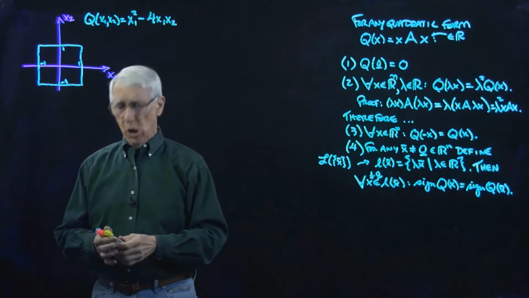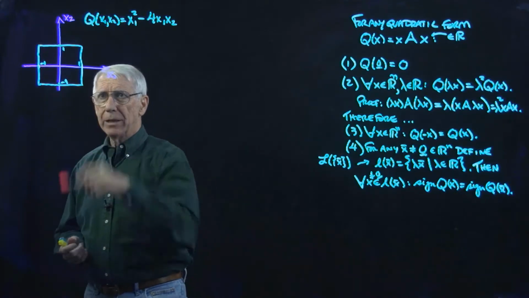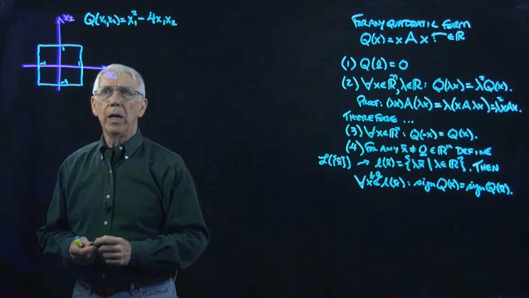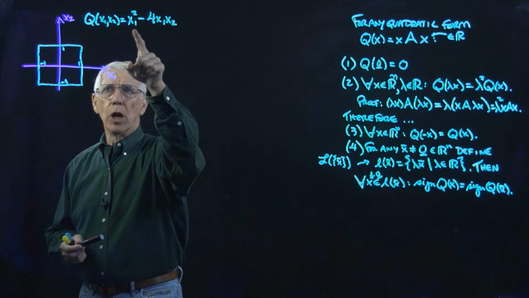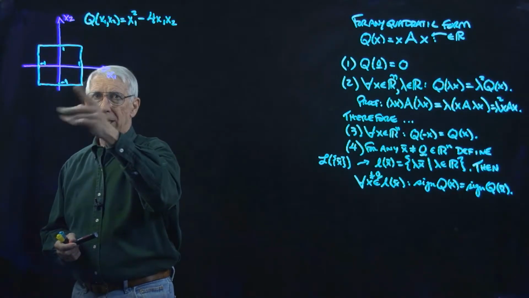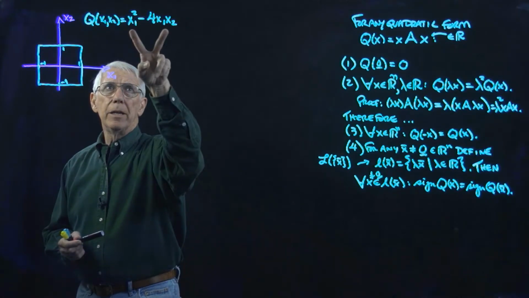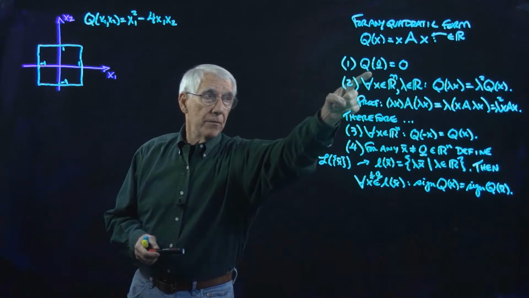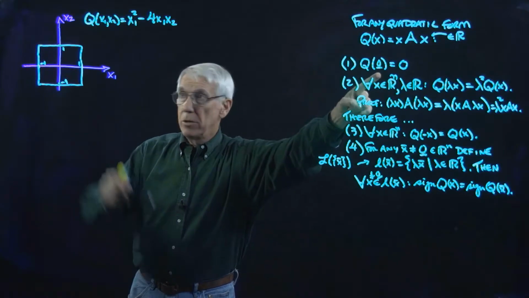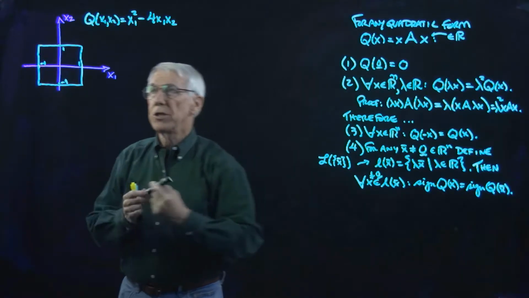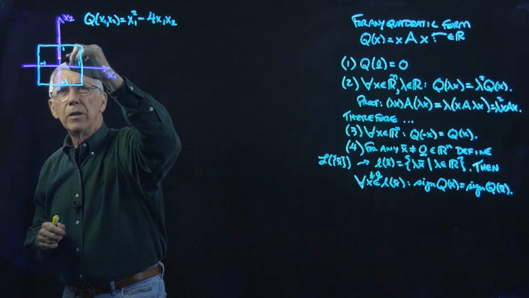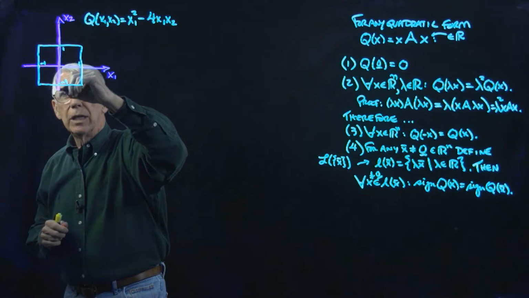Okay, so let's start figuring out the values along here. Let's notice first of all that if x1 is 0, so we're on the vertical axis, then both terms are 0 and the value of the quadratic form is 0. So its value is 0 at the 0 vector, the origin, but its value is also 0 everywhere along the vertical axis.